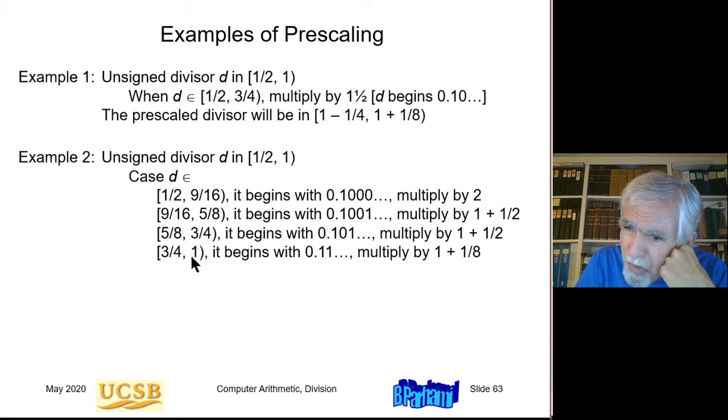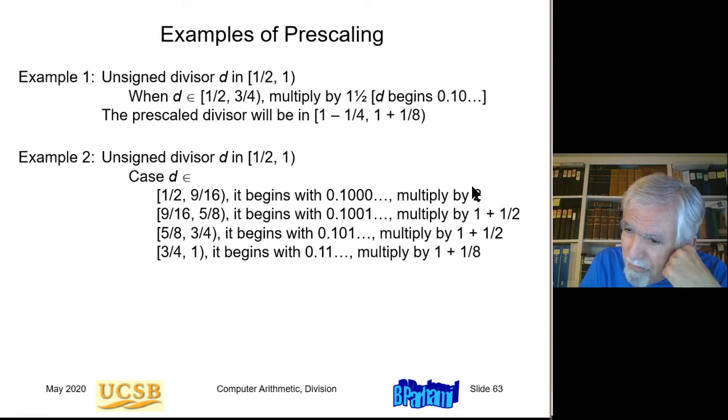And for 3/4 to 1, in other words, a divisor beginning with 0.11, I multiply by 1 and 1/8. Of course, I can increase the number of these intervals so that I can choose different scale factors.